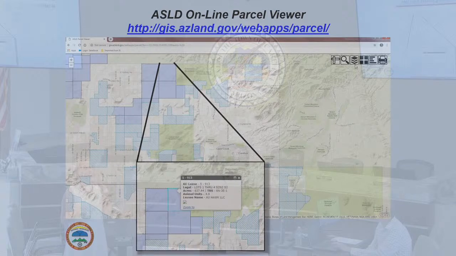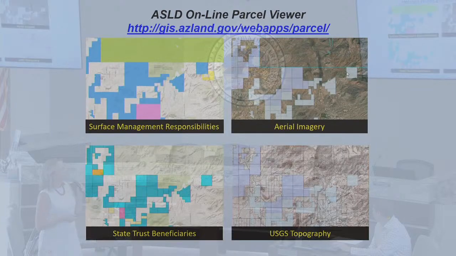If we have rights-of-way easements, we do a lot of rights-of-way, as you can imagine, with our land interspersed as water lines and roads and sewers go through. We have a very busy rights-of-way section. So this is our website if you want to go to our parcel viewer and check that out. Again, this shows you those different layers you can play with.